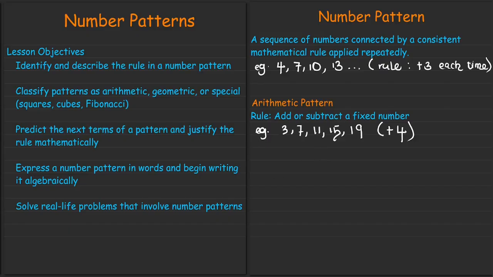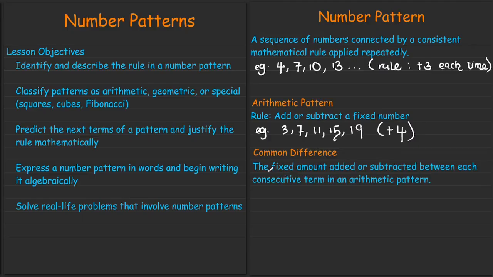So with arithmetic pattern comes what we call the common difference. You see, we consider common difference under this type of pattern. So the common difference is simply the fixed amount added or subtracted between each consecutive term in an arithmetic pattern.